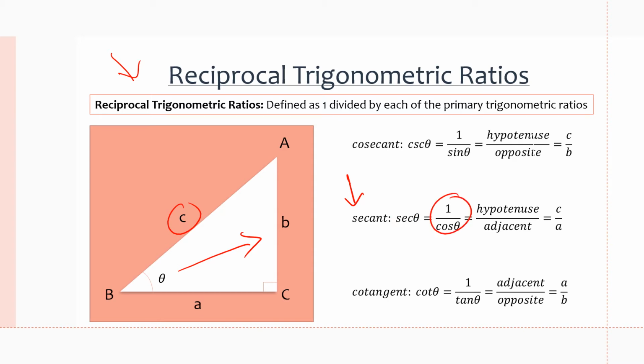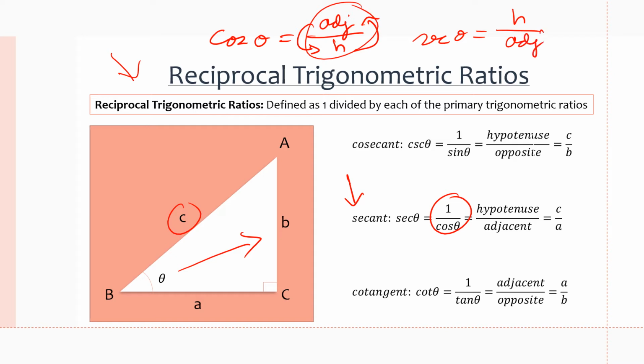Since cosine theta is adjacent over hypotenuse, if we remember from the last slide, now we are taking the reciprocal of that and turning it into hypotenuse over adjacent. So secant theta is going to be hypotenuse over adjacent, which is what we have down here.